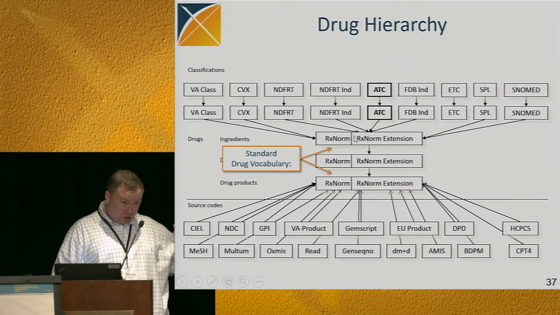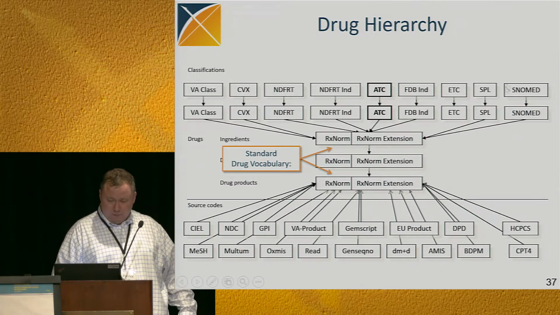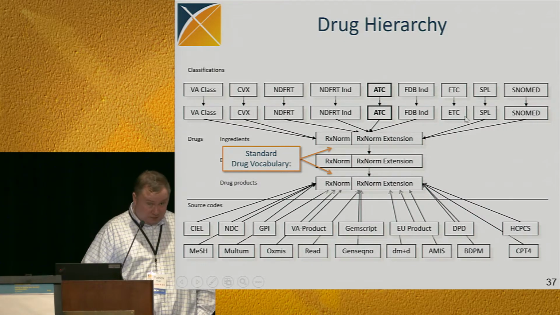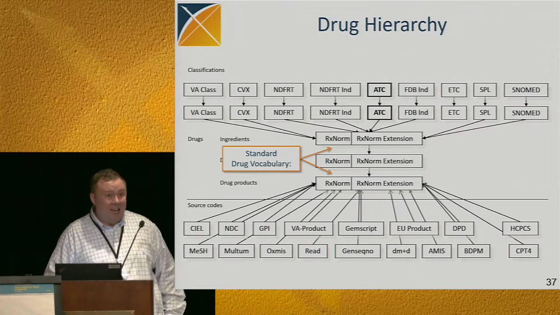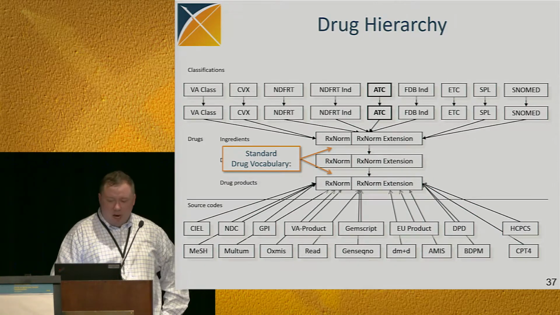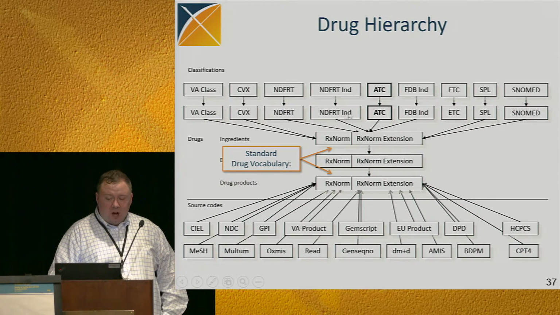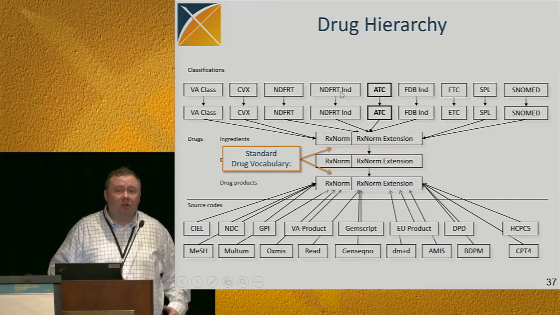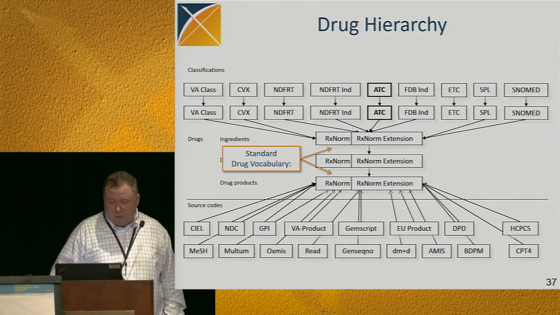And on top of ARACHNE, we have a large array of classification systems. So for example, we use ATC from the WHO as a classification that would give us things like drug classes that we could lay on top of ingredients. But it turns out that there's a lot of different organizations that have created lots of different ways to group drugs together on various principles. And so we've made many of those available so that they provide you alternative ways to explore the vocabulary.